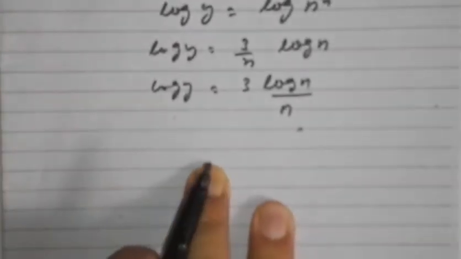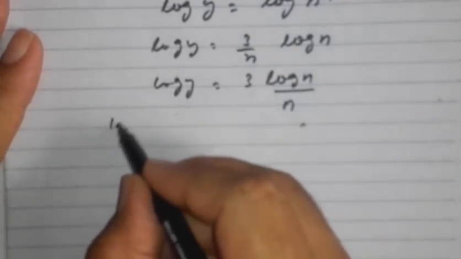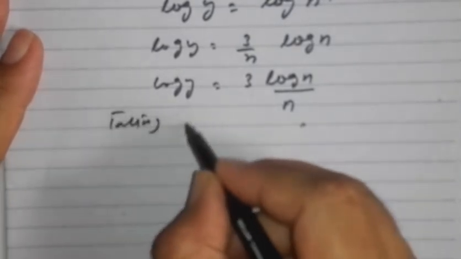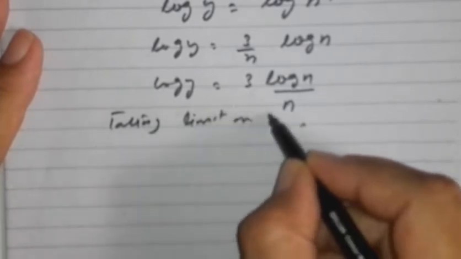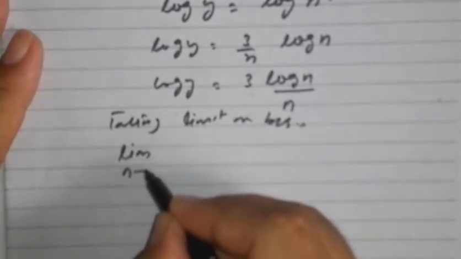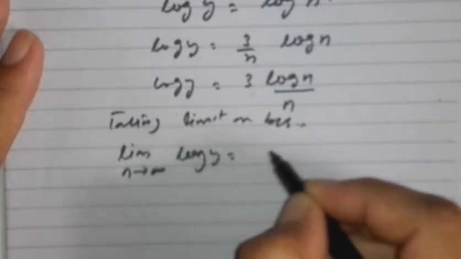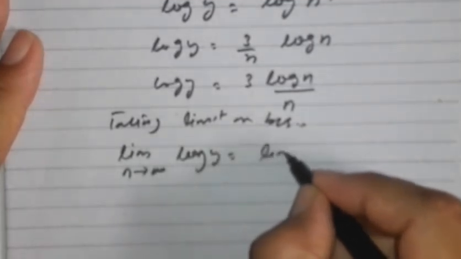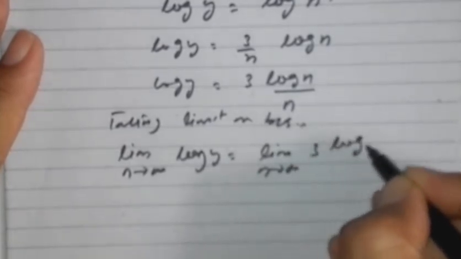Now we will take limit and then use some rule. Taking limit on both sides, so limit n tends to infinity log y equals limit n tends to infinity 3 log n divided by n.